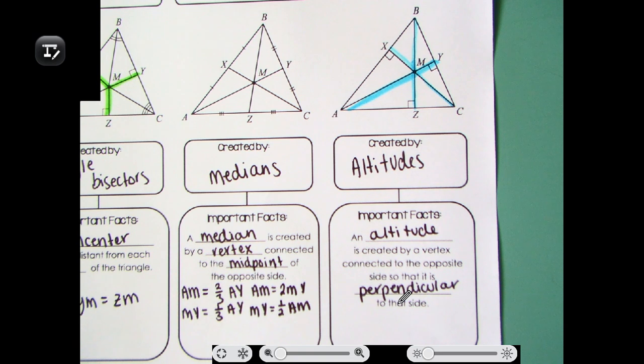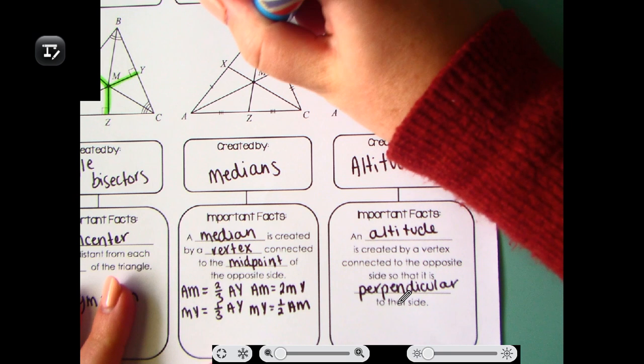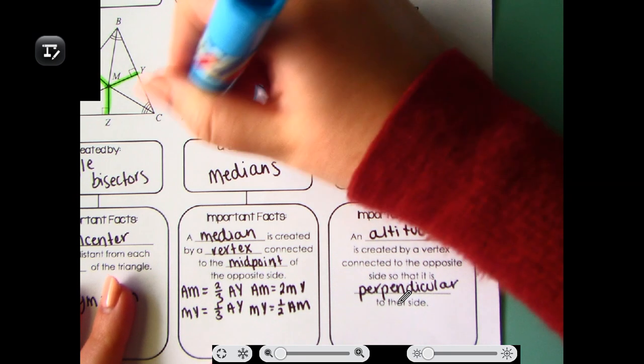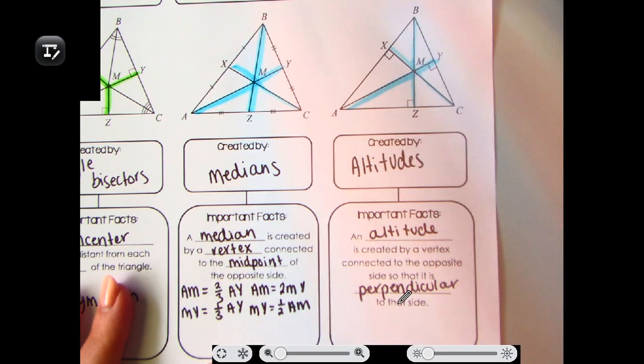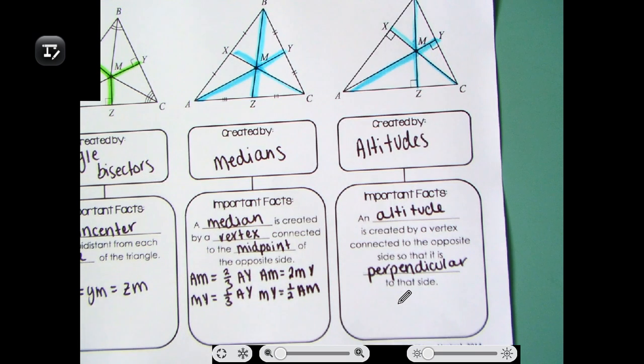And then same with medians. Your medians go all the way from the vertex. Okay, so that's just a graphic organizer so that you have all of those next to each other, so you can compare a little bit and use that as a study tool.